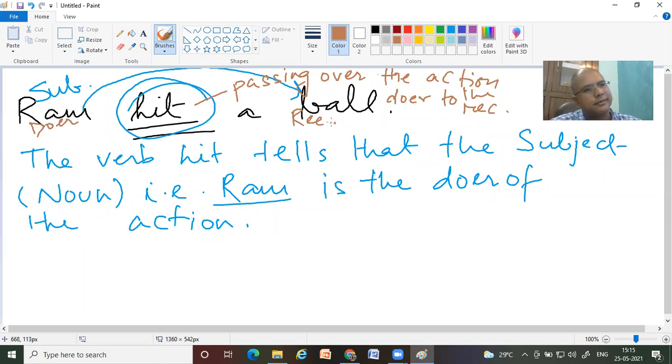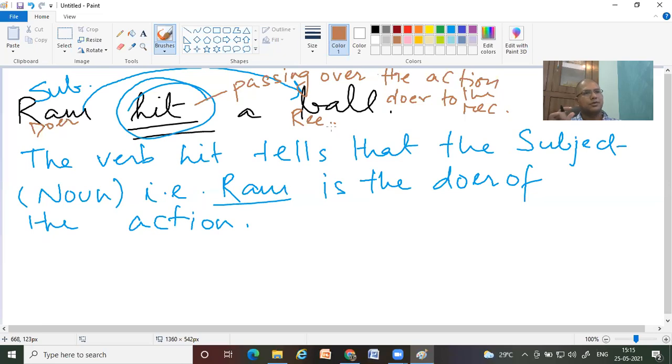Is this clear? Do you have any doubts in this? I'll explain it again. Ram hit a ball. Ram is hitting a ball. So the action of Ram is going over the ball.